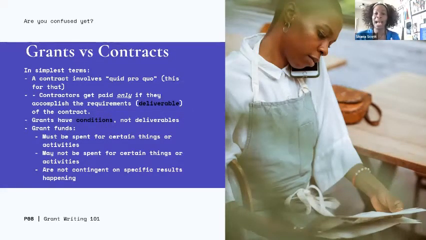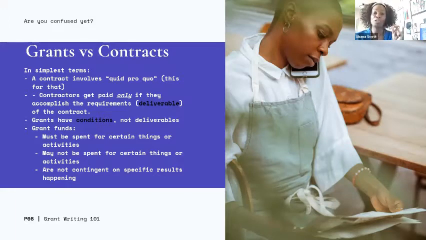The difference between that contract and, let's say, a competitive grant that you may have applied for with the federal, state, or local government, is that your grant will have conditions, not deliverables. Those conditions may say these grant funds may be spent on certain things or activities, and you may not spend your grant funds on certain things. You may not pay salary.